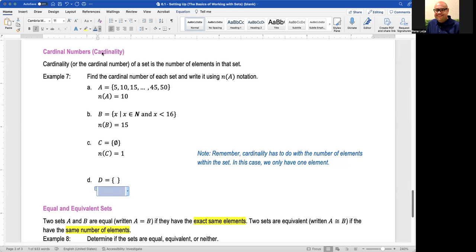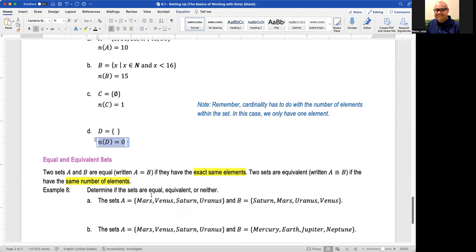How many elements do you see inside of this set? And there's nothing inside of that set. So that means that your cardinal number for this case is going to be 0.